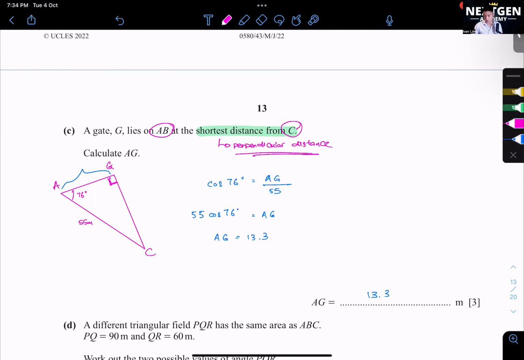When it is perpendicular distance, you will draw a right angle triangle, and then you will use SOHCAHTOA to solve it.